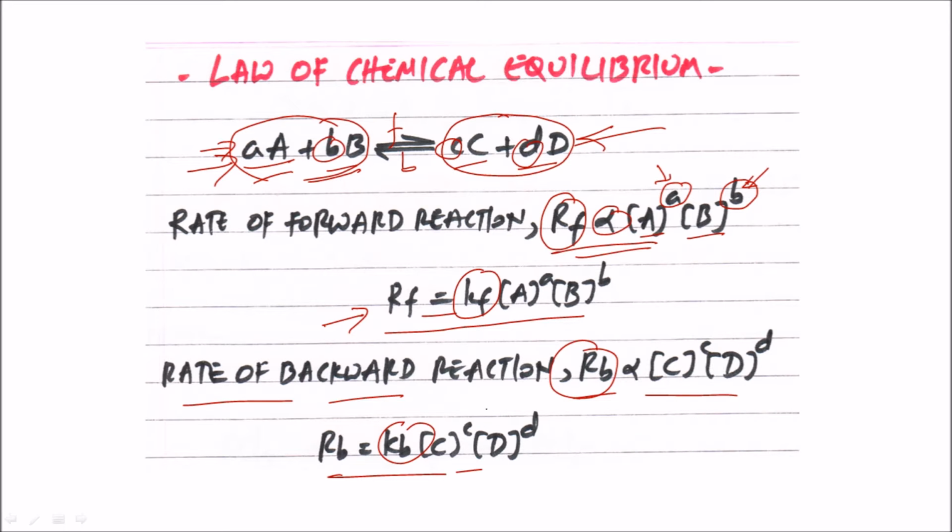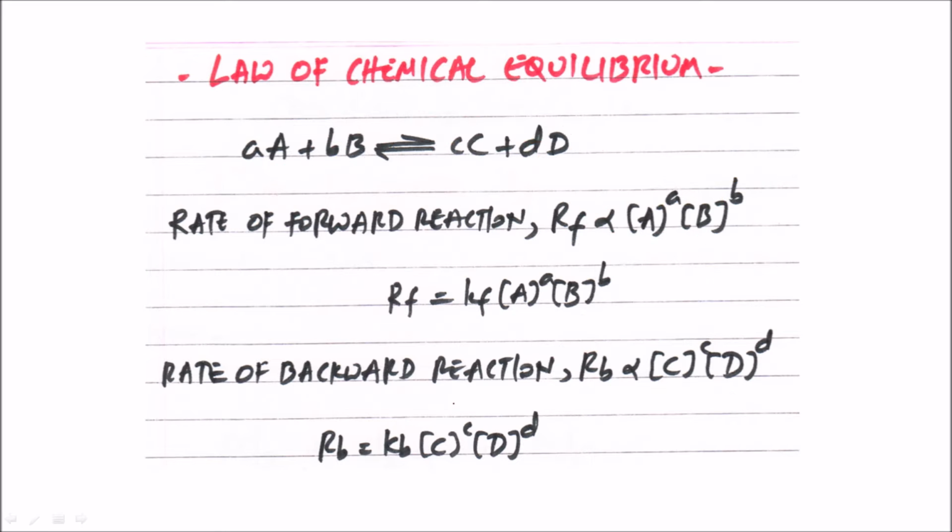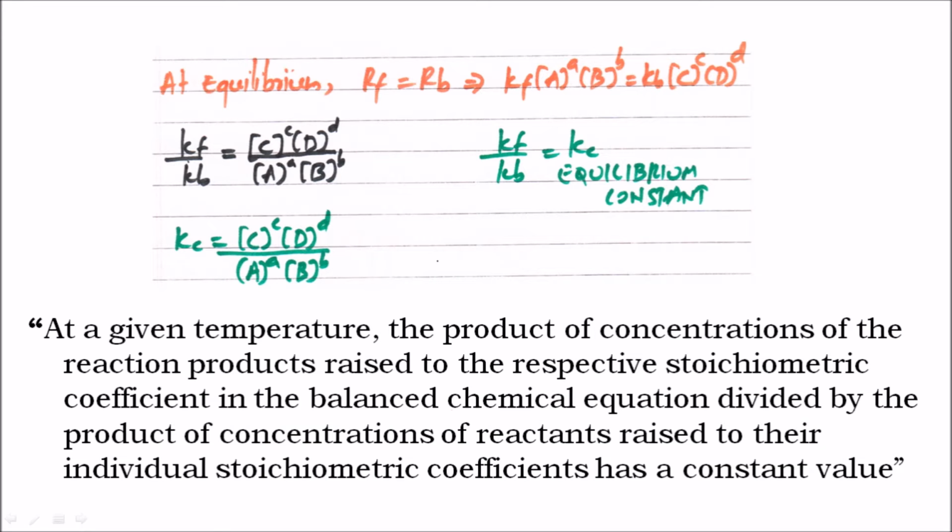So we got two expressions now, Rf and Rb, the rate of forward reaction and the rate of backward reaction. Once we have that, we can consider equilibrium. At equilibrium, the condition is that the rate of forward reaction is equal to the rate of backward reaction.